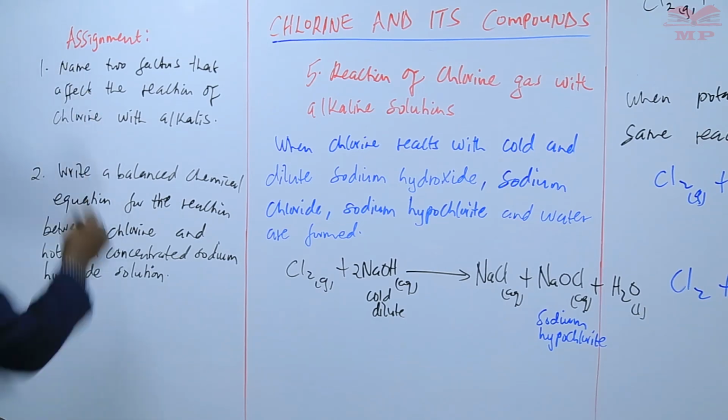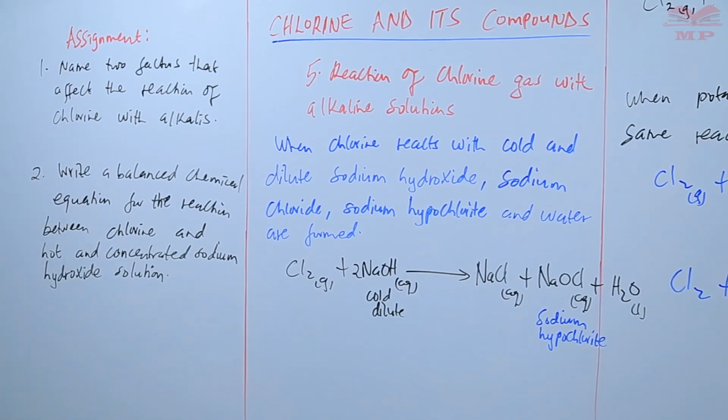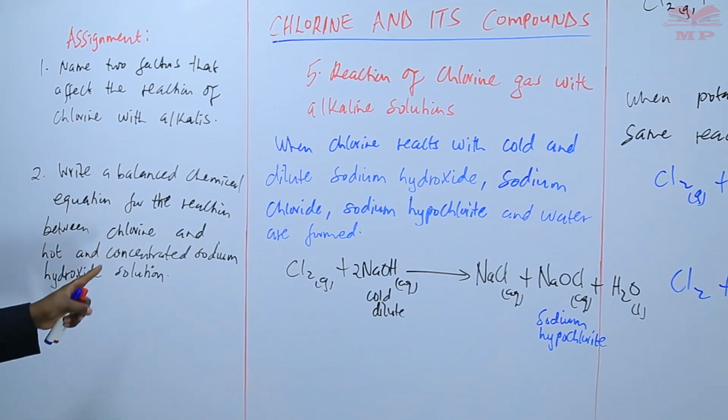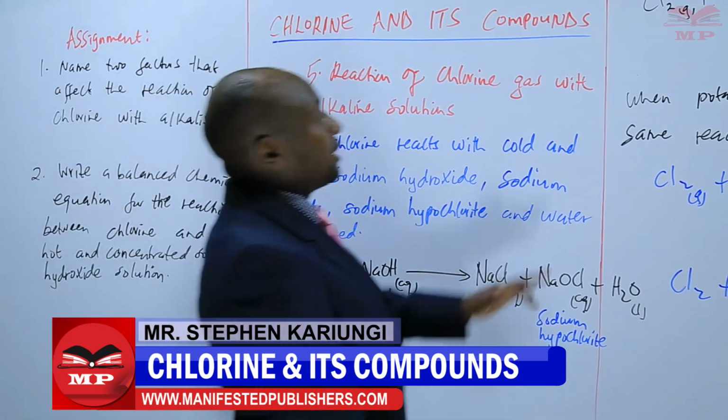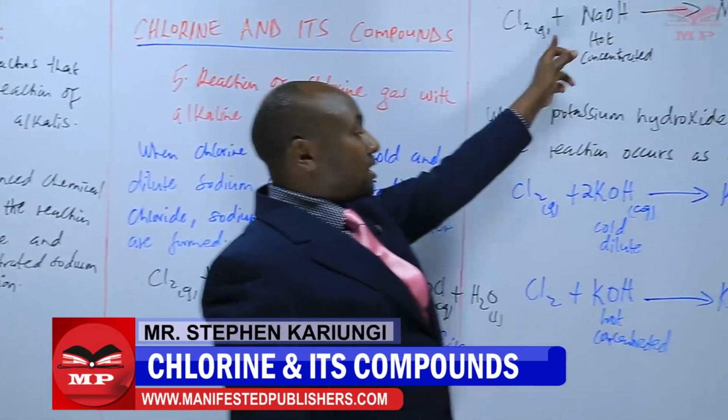We have mentioned those factors. Number 2, write a balanced chemical equation for the reaction between chlorine and hot and concentrated sodium hydroxide. So basically, it is to balance this particular equation.